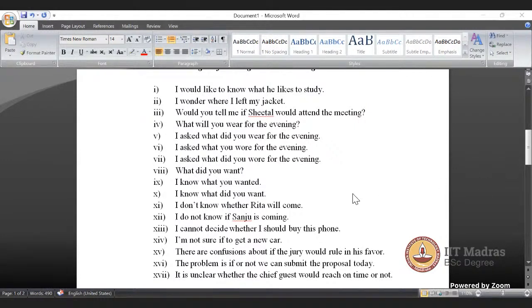Yeah, 14th one. I am not sure if to get a new car. So it seems correct. It shouldn't seem correct.